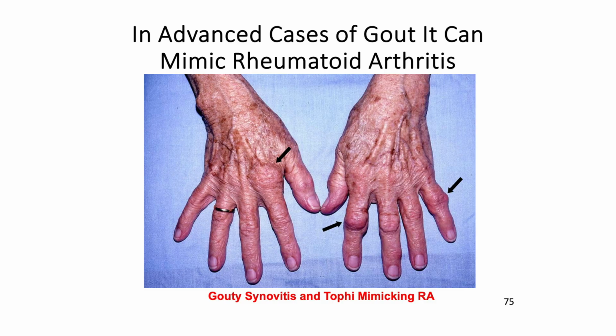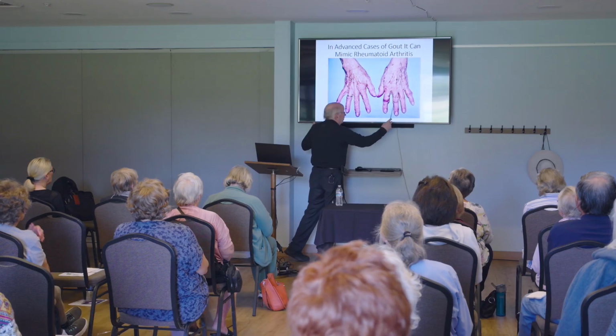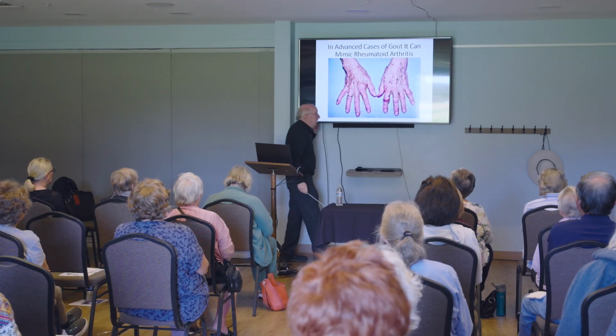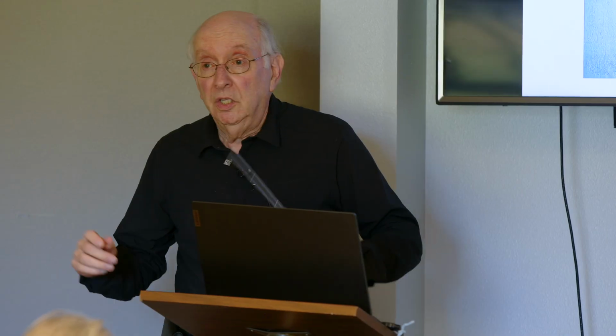Now, sometimes gout looks like rheumatoid arthritis, but you'll notice it's not exactly like rheumatoid arthritis. So I showed you before the swelling of these middle finger joints that you can get in rheumatoid arthritis. But what do you notice? You notice the fact that they're not present on the other side. So there's no symmetry. Right and left sides are not symmetrical.